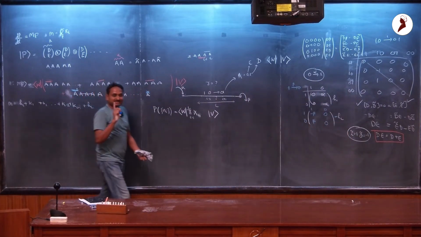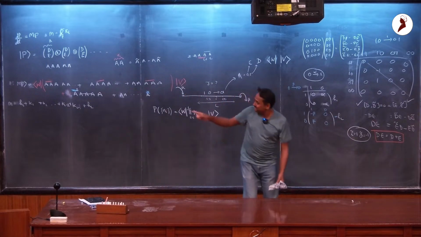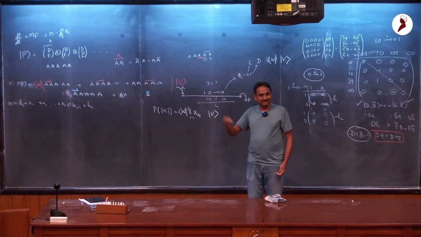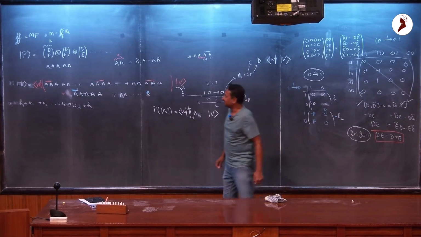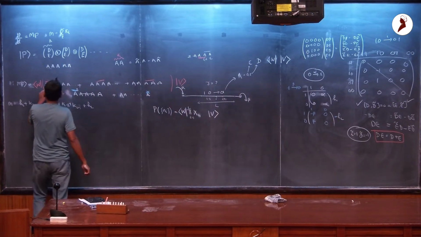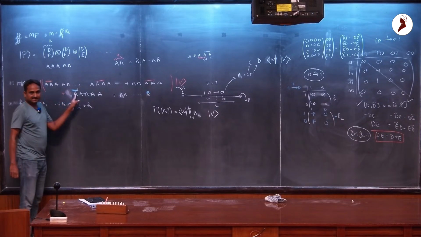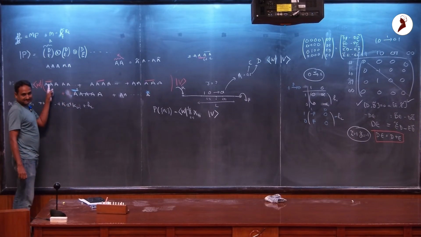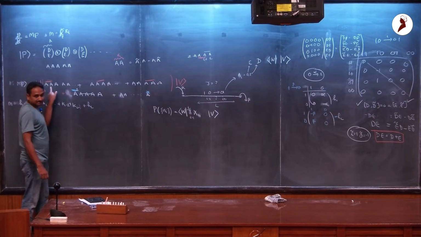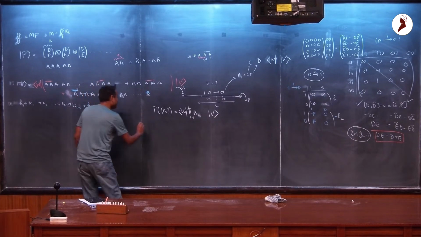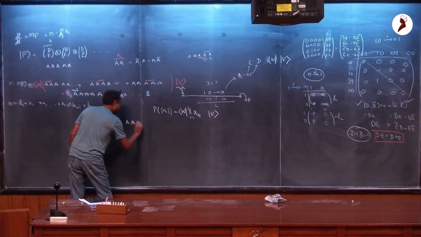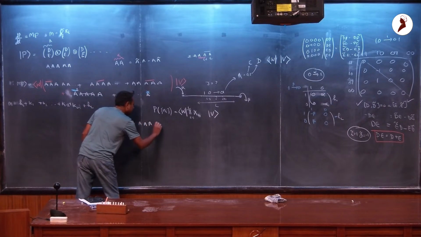But we are not sure at this stage that there is one part which is not cancelled. The boundaries you have to take care of. So what is left in the boundary that we have to take care? So what is left is this part, and the beginning from here something is left, right? So let us write the first term. First term ka first term. Okay, so that is what will happen, A like that.